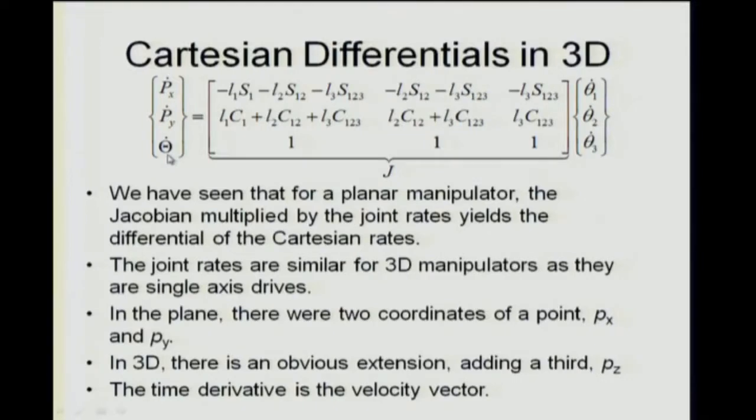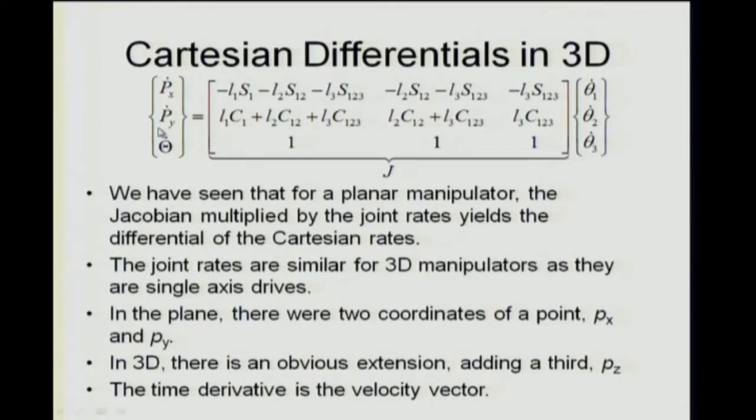It would simply be the sum of the rates of individual relative joints. So it is 1 times theta 1 dot plus 1 times theta 2 dot plus 1 times theta 3 dot. And we obviously know that if you multiply the joint rates by the Jacobian, then you get the Cartesian rates.